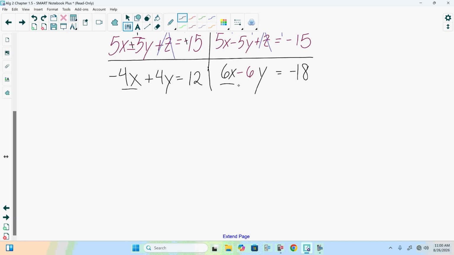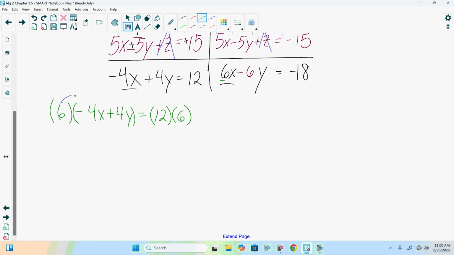Or what we can do is I take this equation and multiply it by 6. Now it seems arbitrary that I pick 6, but I pick 6 because 6 is the number in front of the other x.